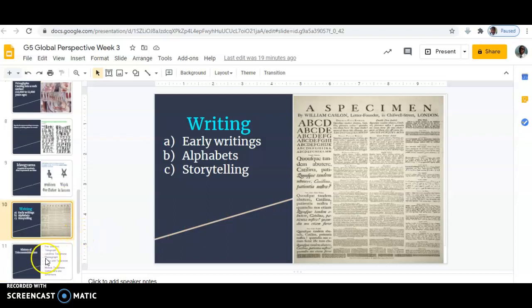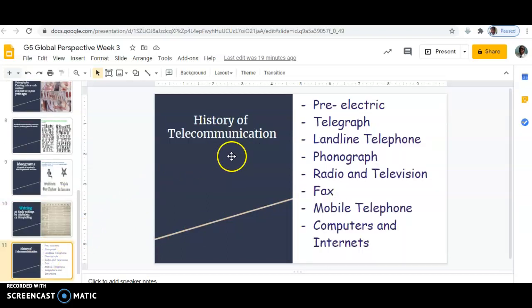You move on, and then you come to the history of telecommunication. That is when people would start using gadgets. When we are looking at the history of telecommunication, we first start with the pre-electric time, before electric. There was communication there. Then followed the telegraph. Then the landline telephone, all connected with wires throughout the world.